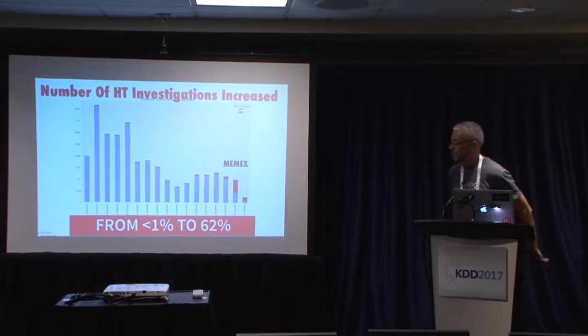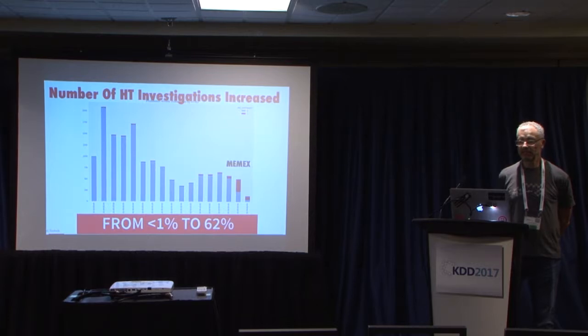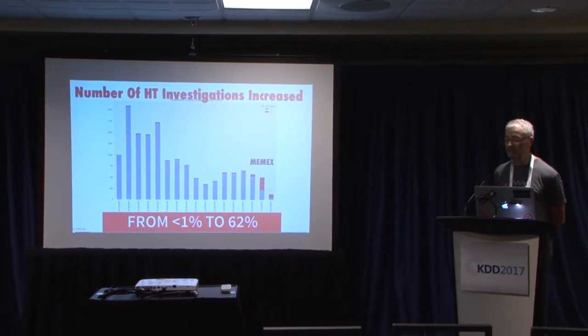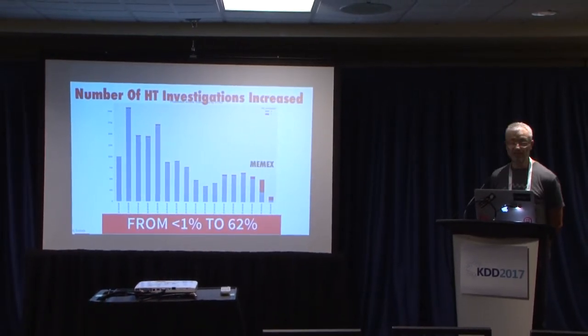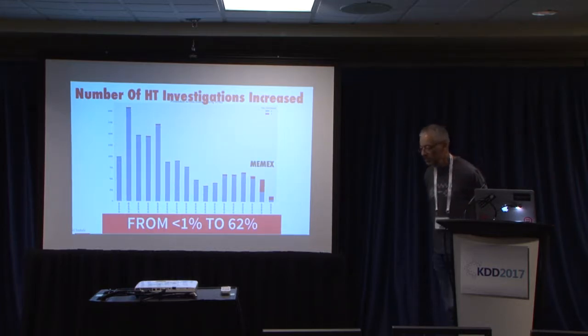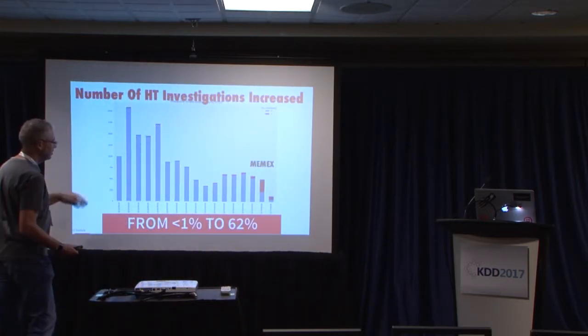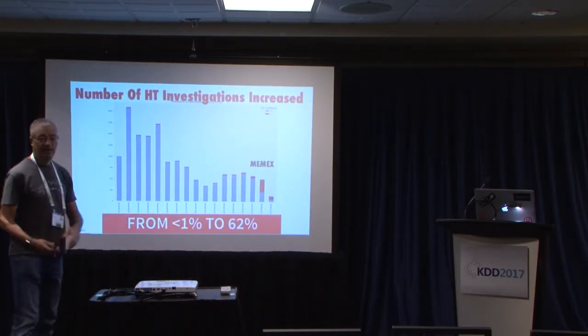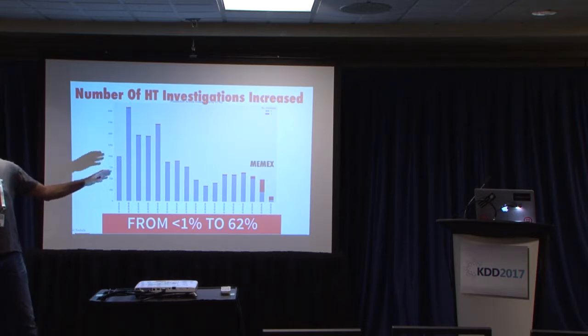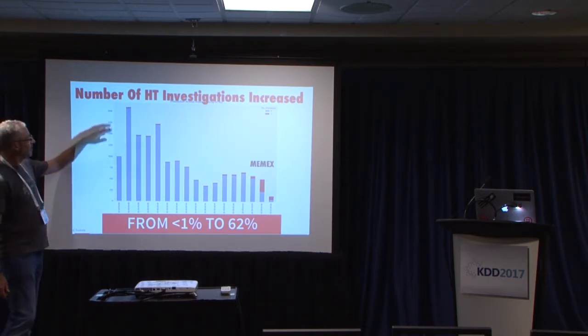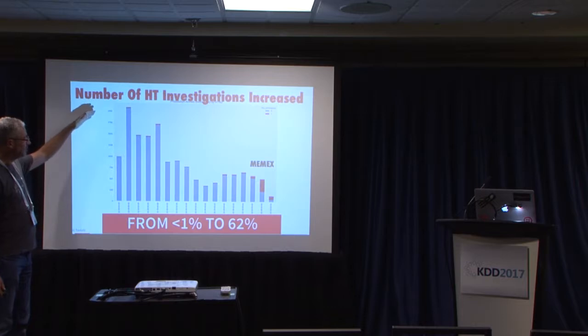This is a chart from one of the law enforcement agencies that shows some of their human trafficking investigations over several years. And what used to happen is they had a lot of domestic violence calls, around 2,000.